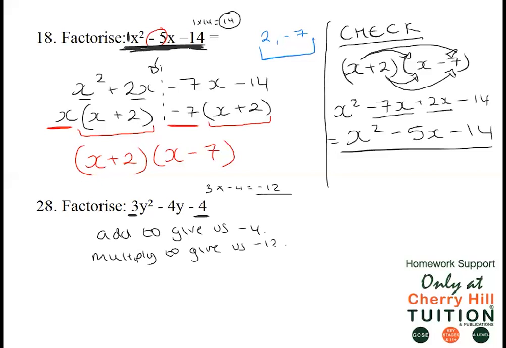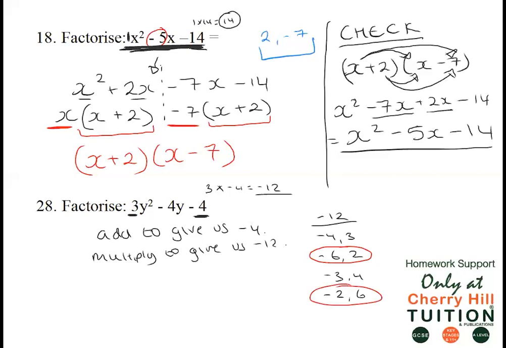Let's think about the pairs that multiply to give us minus 12. We have minus 4 and 3, and minus 6 and 2, or we can have the opposite, which is minus 3 and 4, or minus 2 and 6. The only combinations that might give us 4 are these.